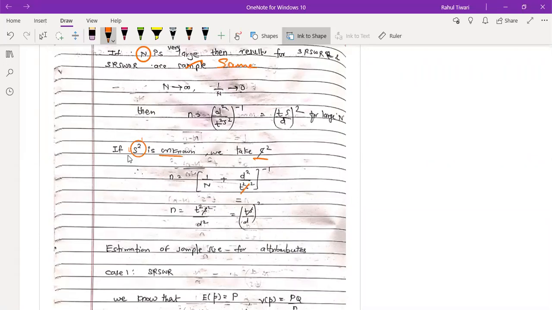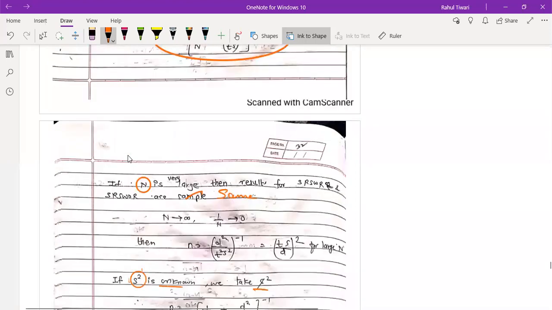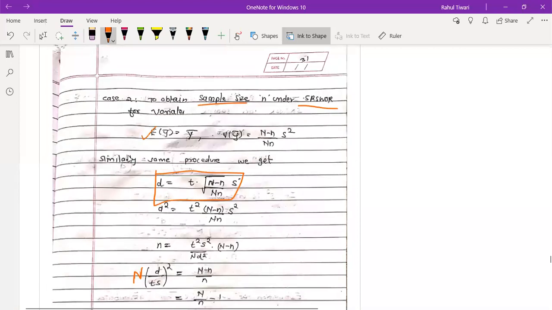That is very small, like minor corrections. You can always make those corrections while writing the notes. I hope it is clear to all. So just go through it if you have any difficulty, because this is the exact same derivation you have to follow in WR.